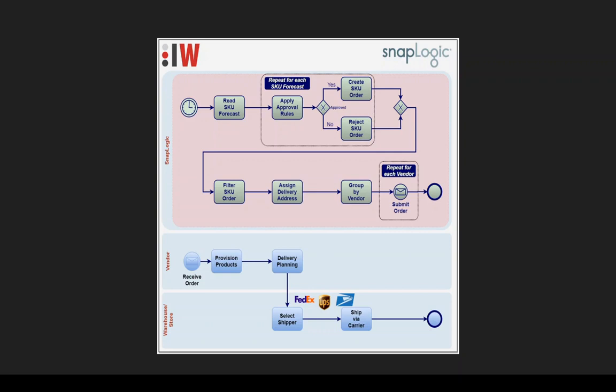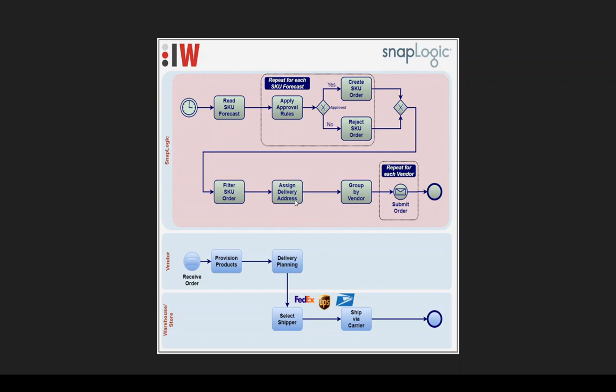So for the inventory replenishment integration, we have a scheduled pipeline in SnapLogic which takes the SKU forecasts, applies approval rules to each SKU forecast, and then processes only the approved orders. So the ones that are not approved are filtered out, and then the delivery address is assigned to the order.